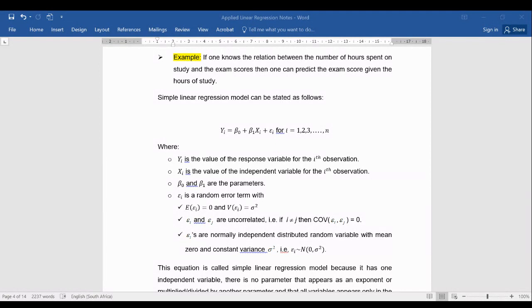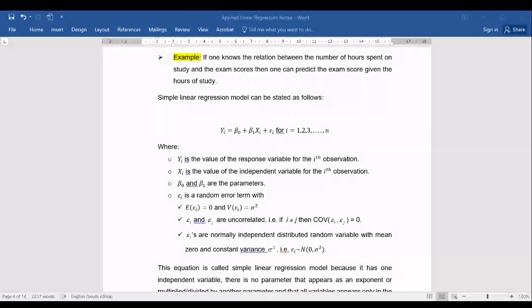So beta 0 and beta 1 are the parameters. You know what a parameter is, and the ei, are the errors, or ei is a random error term with the properties listed there. The first one is that the random error term has a mean of 0. So the expected value of the error term is equal to 0.